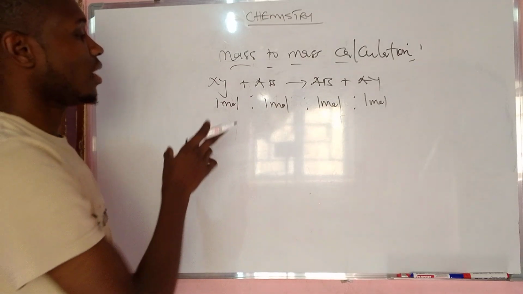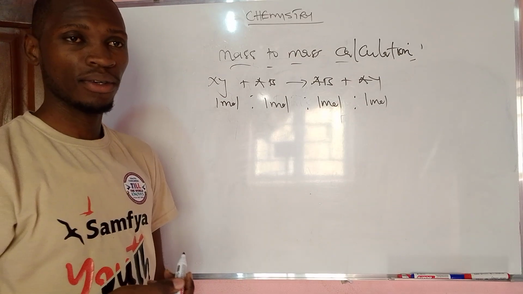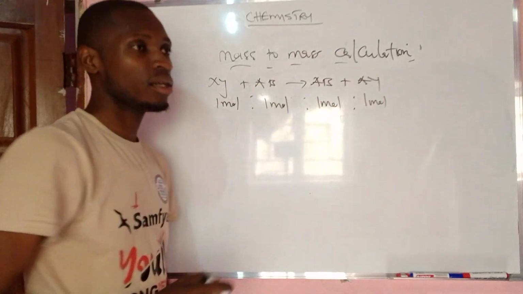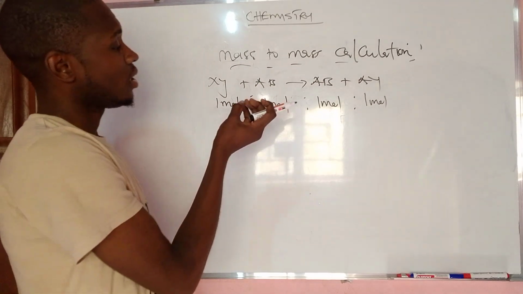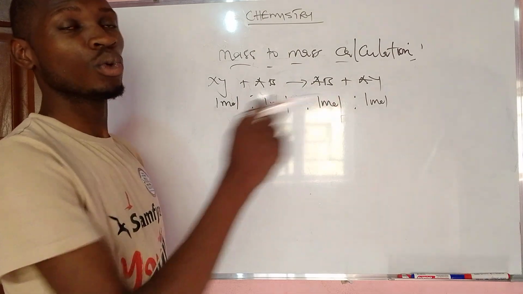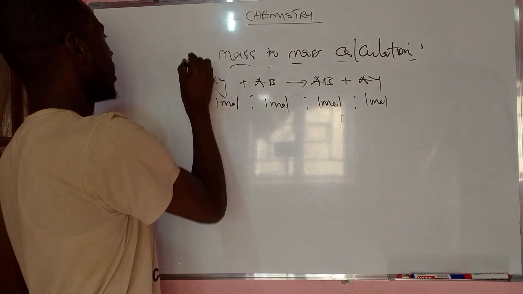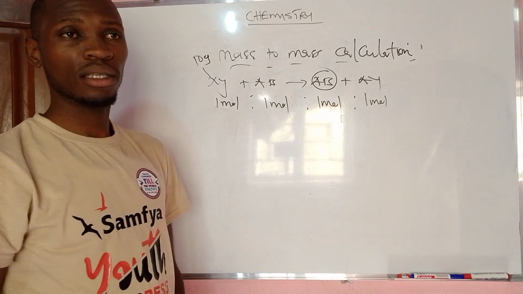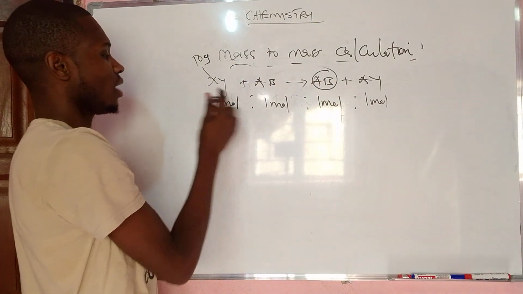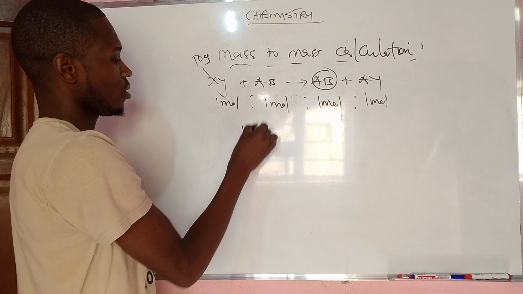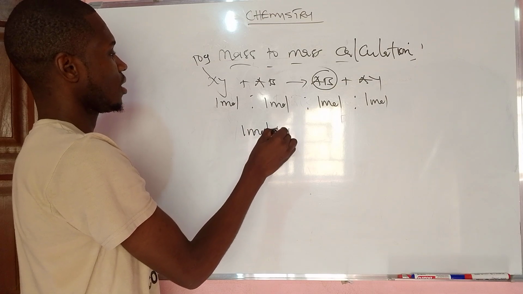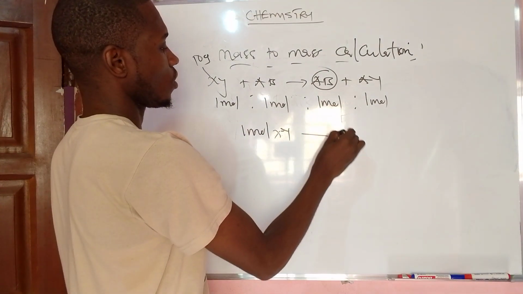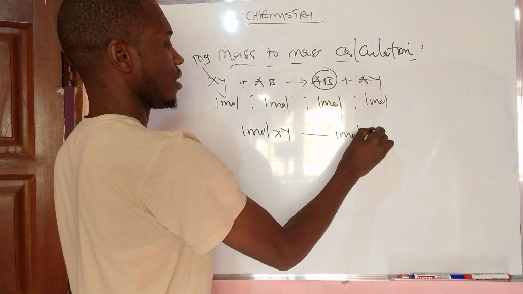After we do this, the second part is to know which parts in the equation will be taken out and then equated to each other. If this one has 10 grams, then we want to find the mass of this product. Meaning that in my equation, I will say one mole of XY to one mole of AB.